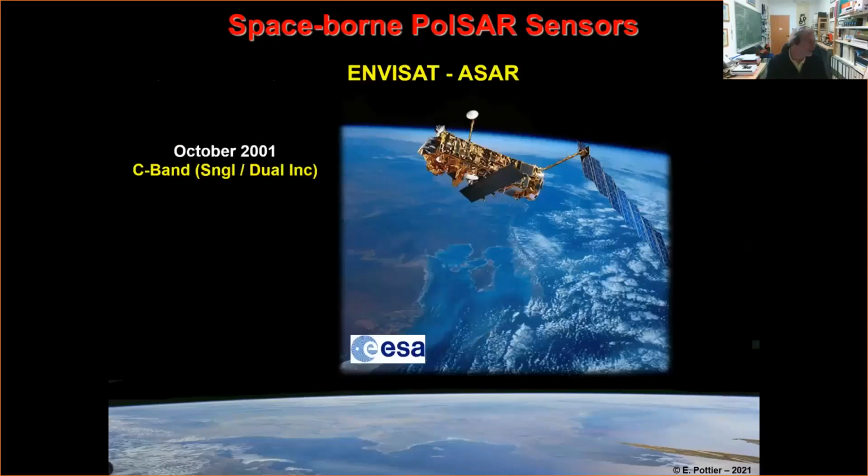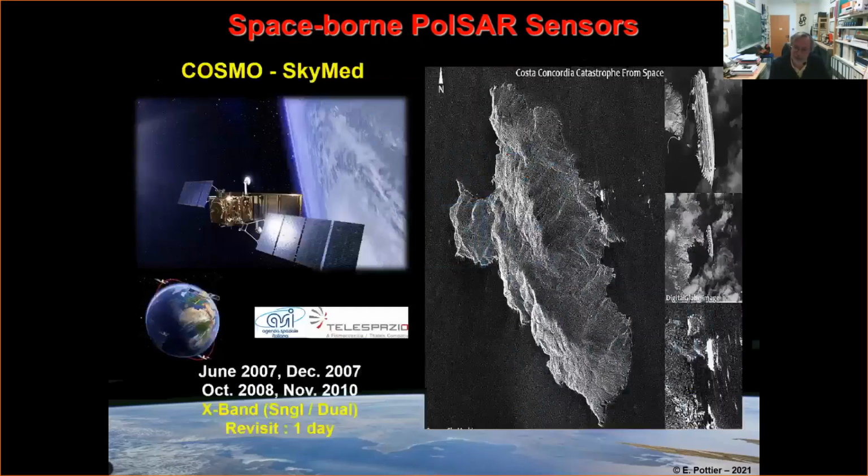The most important spaceborne system which was able to provide this kind of information, the first one, was ASAR on board Envisat from ESA. Then we have, still today, a current system, COSMO-SkyMed, which is a dual-pol system and a constellation.